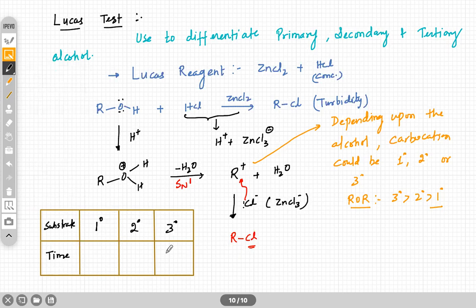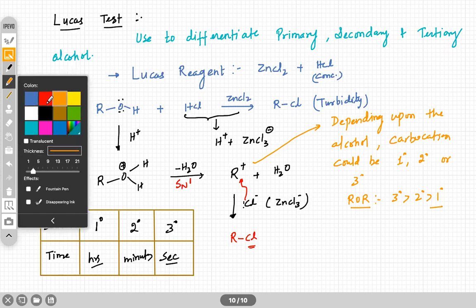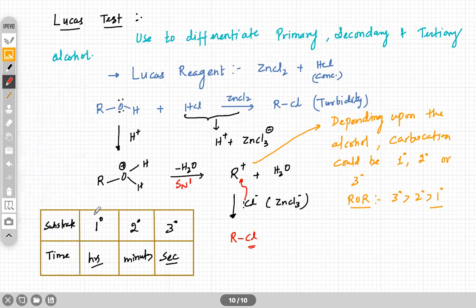If it is 3 degree, the turbidity appears in seconds; for 2 degree it takes minutes, and for 1 degree it takes hours. So depending upon the time taken for turbidity to appear, we can differentiate whether the alcohol is 1 degree, 2 degree, or 3 degree. If it is 1 degree alcohol, then it preferably follows the Sn2 mechanism. It won't follow Sn1, that you must take care of.